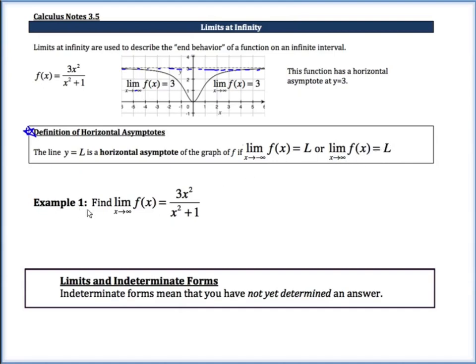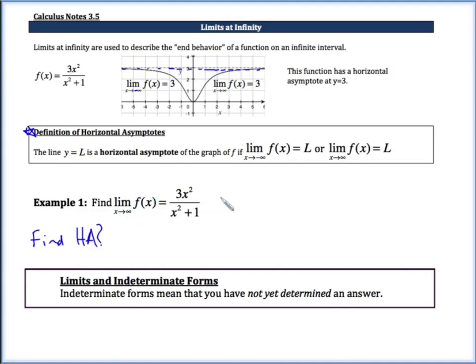So in our first example, it says find the limit as x approaches infinity of f of x equals 3x squared over x squared plus 1. What we're doing here is trying to find the horizontal asymptote, if it even has any, and this limit at infinity is going to help us find that.